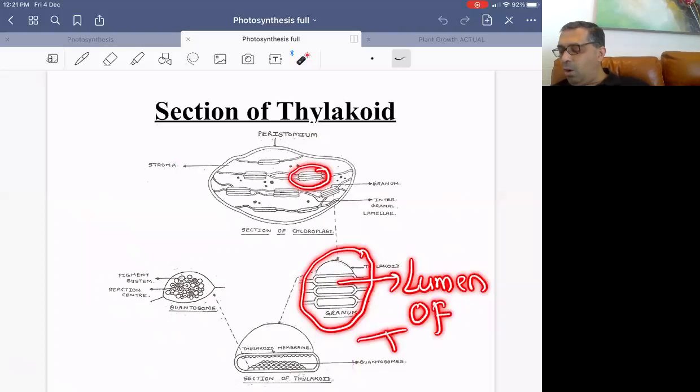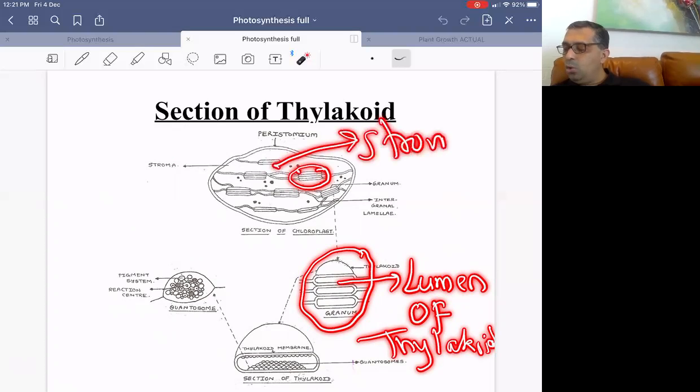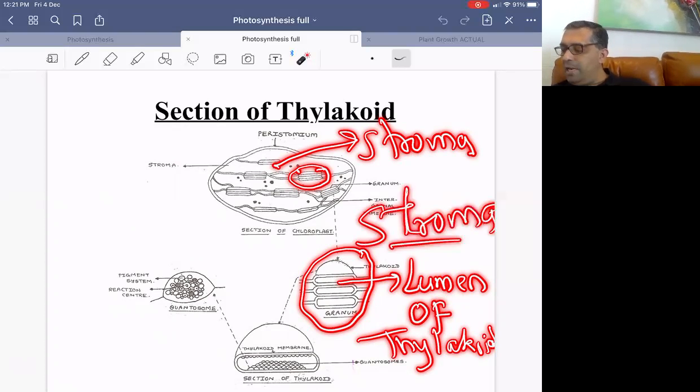Surrounding the lumen of the thylakoid is the stroma. तो ये है stroma, और stroma के बीच में ये है lumen of the thylakoid. उनके बीच में होता है chemiosmotic hypothesis.